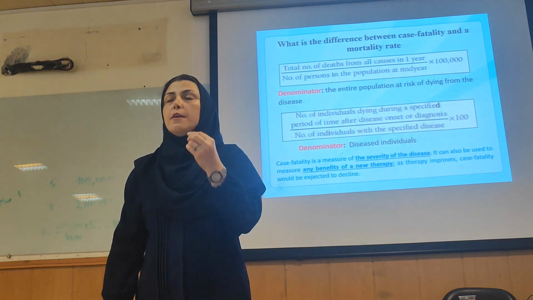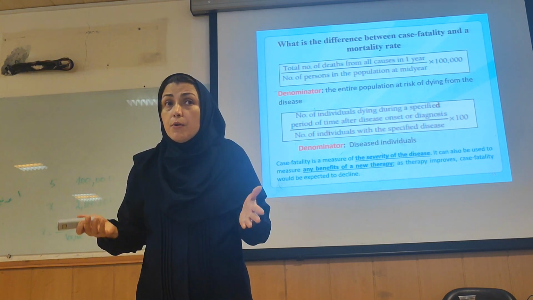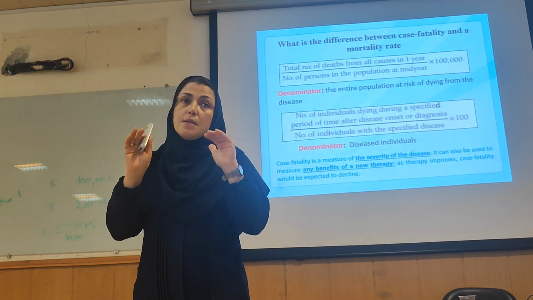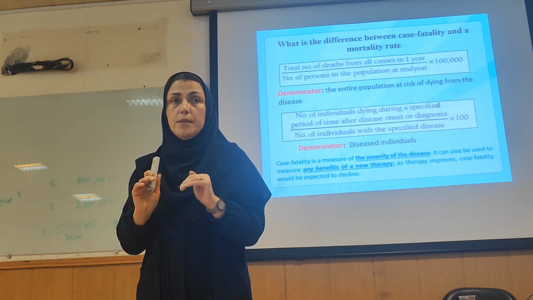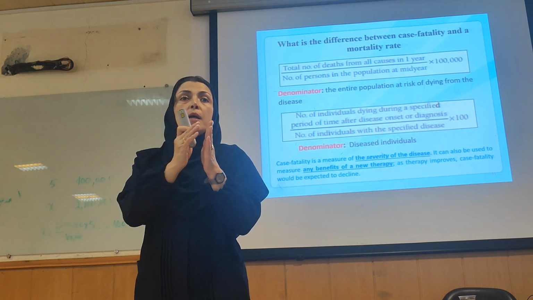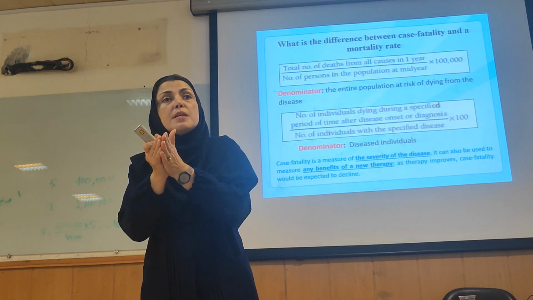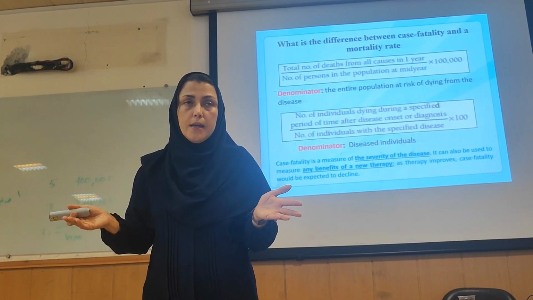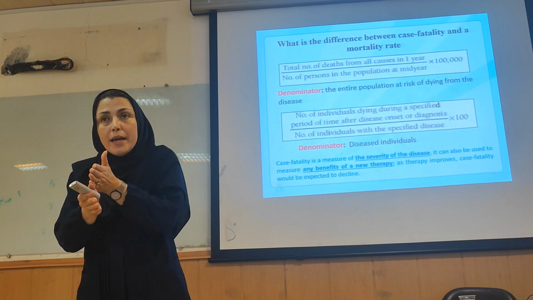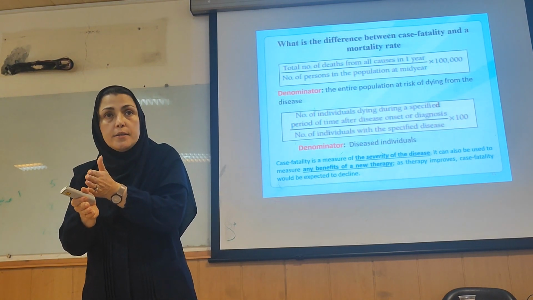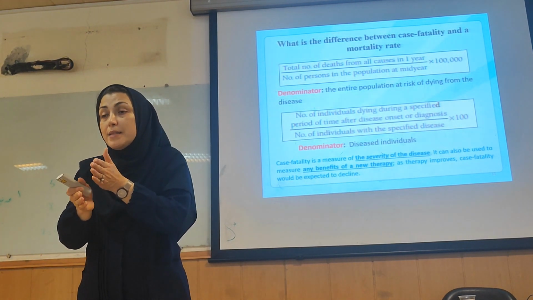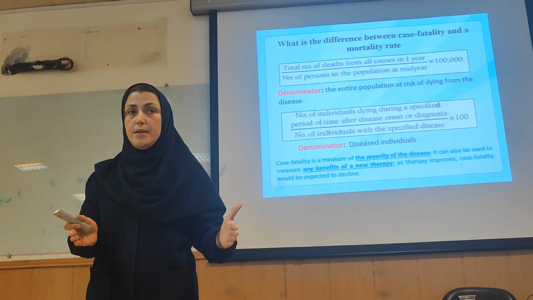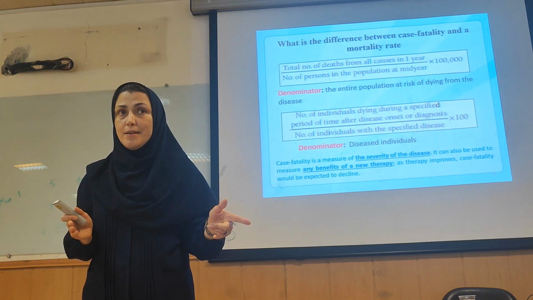For example, if a patient is immunocompromised and the immune system is suppressed, and he becomes infected easily with an opportunistic infection and directly dies because of the infection, but the reason behind this infection is cancer, so it is related to cancer.